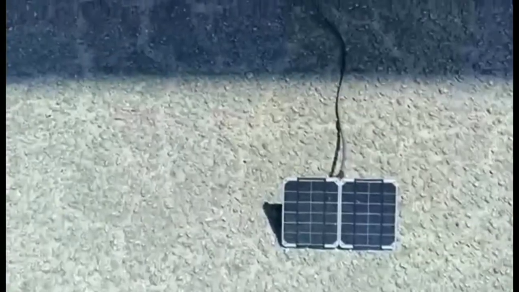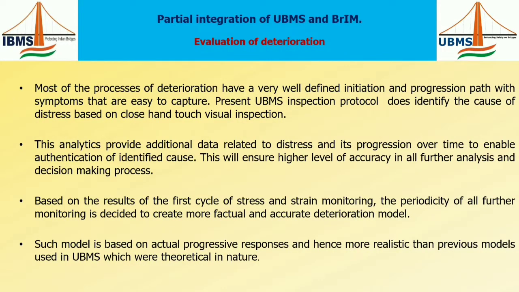Most of the processes of deterioration can be very well identified and the progression path can be easily captured. The analytics provide additional data related to the distress over time to enable authentication. Based on the result of the first cycle, the periodicity of all further monitoring can be decided.